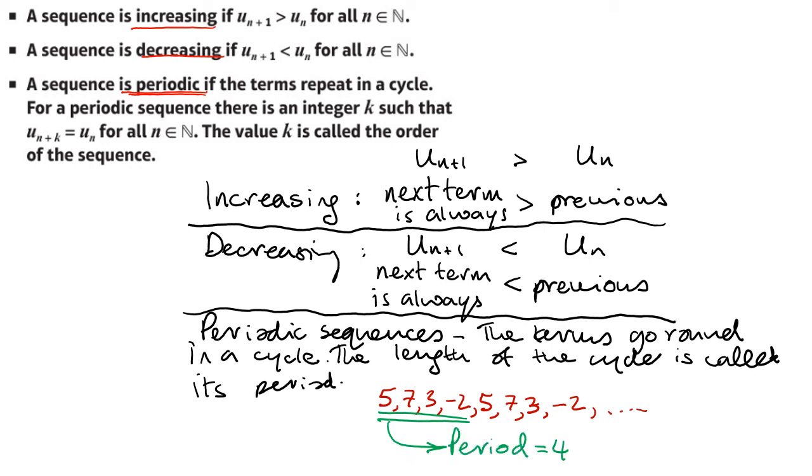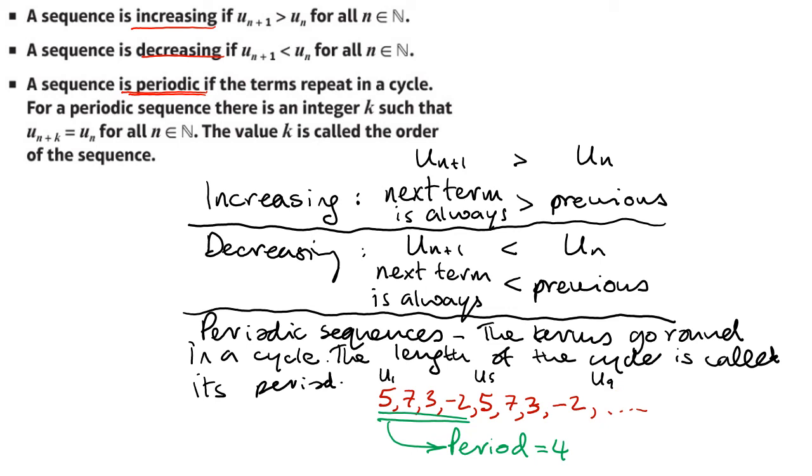And we know that, for example, if this is U_1, U_1 is going to be the same as U_5 and then the same as U_9. So if I add on the period to that subscript, I get the next term that's the same.